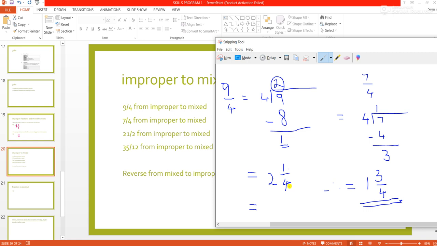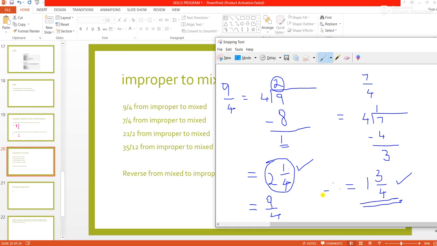So 2 times 4 is 8 plus 1 is 9 over 4, which means this is correct. And also let's verify the other. 1 times 4 is 4, 4 plus 3 is 7 over 4. So that is also correct. So this is in the correct form.